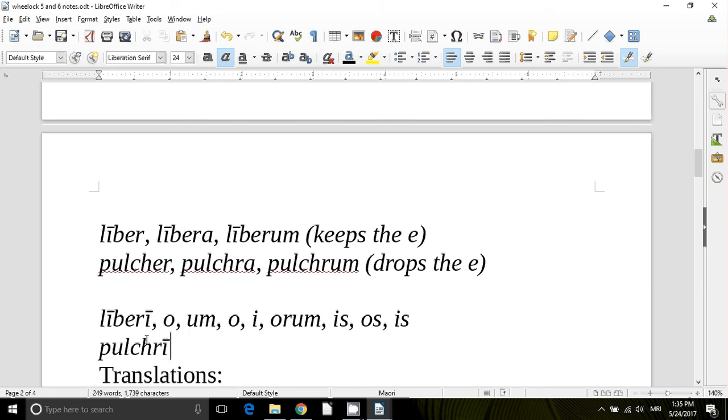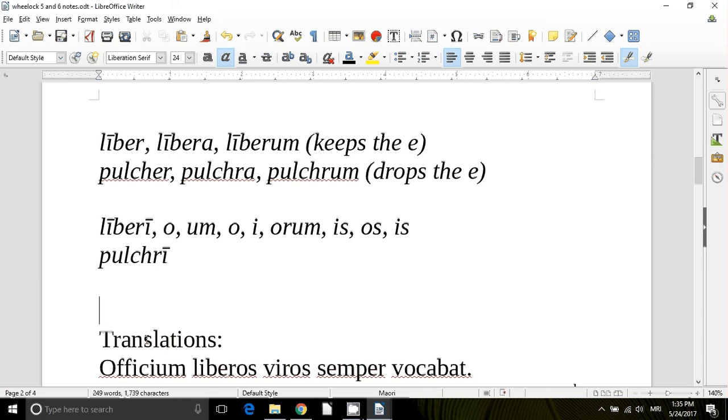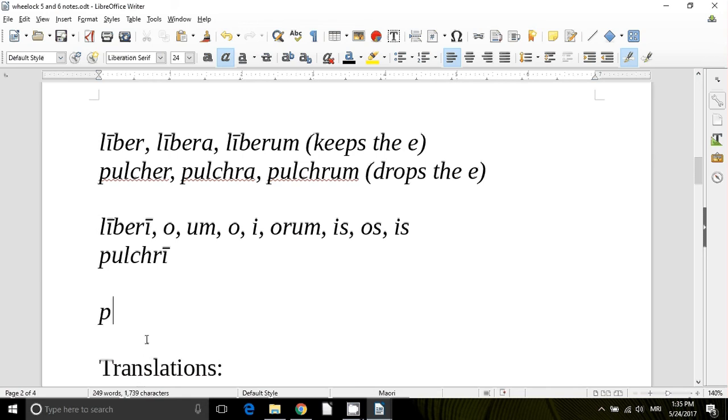The vocabulary is straightforward. Again, you need to make your vocabulary cards and study them. When you make your card, make sure you make it with the genitive singular as well as the nominative. So, for example, caelum, caeli, sky or heaven.